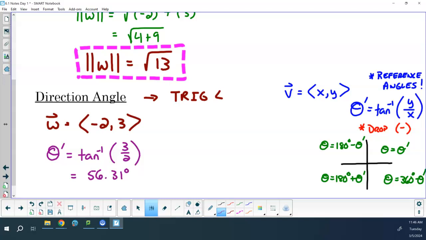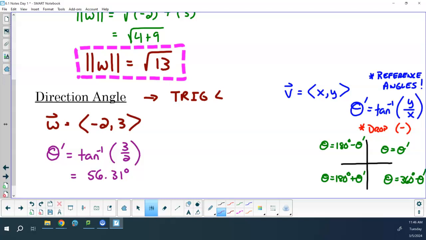Okay. Which quadrant is the vector negative 2, 3 in? In quadrant 2, left and up. That's quadrant 2.